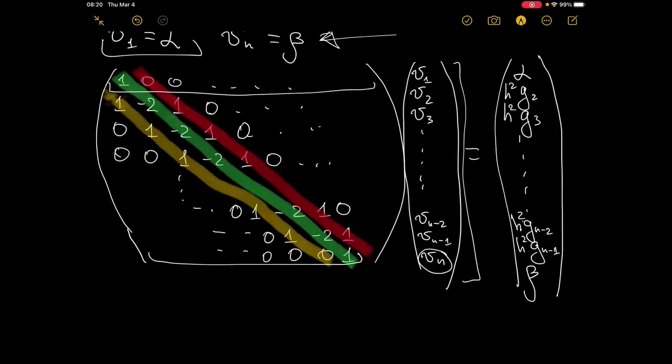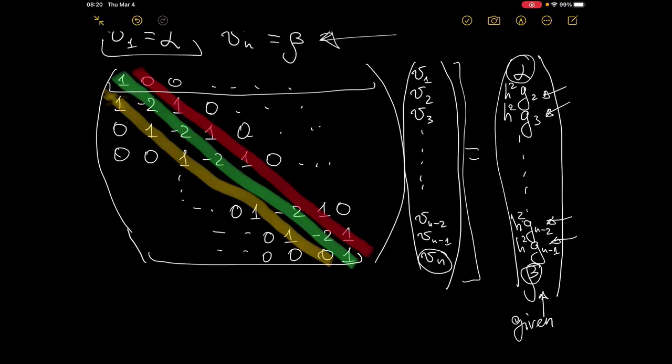So pay attention, because function g is given, all these entries are known, right? And alpha, beta are also given as boundary conditions. So this vector is given.